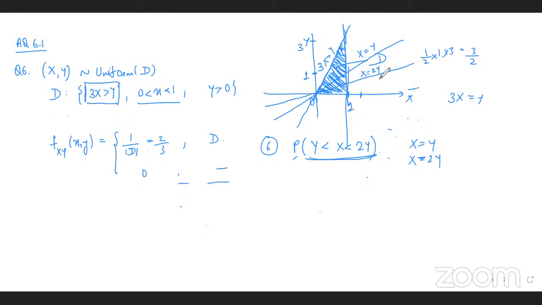So this is x equal to y. And this point should be 1 by 2. Right? Now what we want is that your x should be greater than this y. So this line is this line over here. I'll change the color.